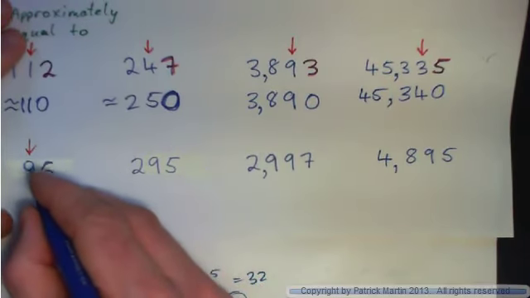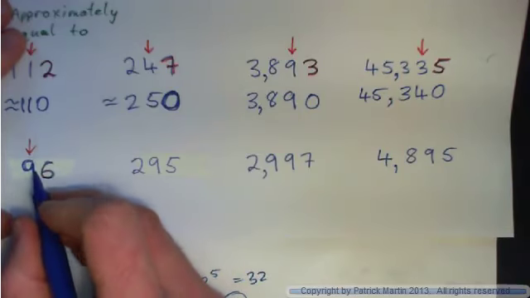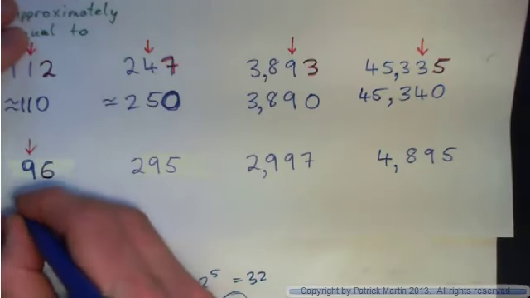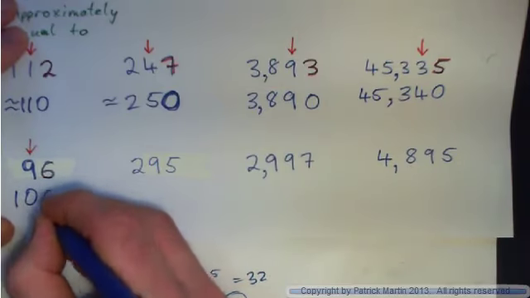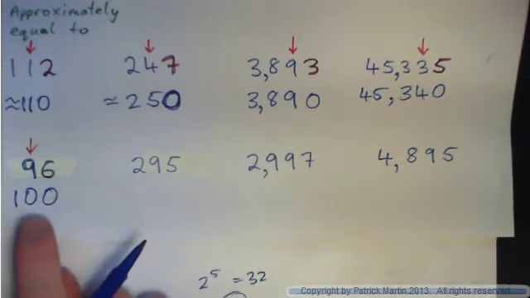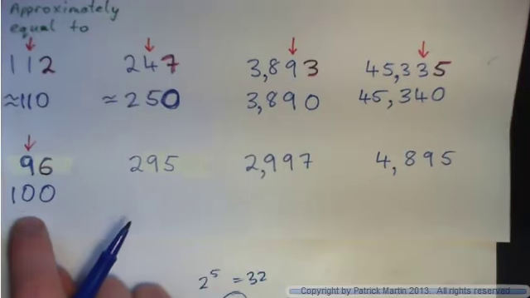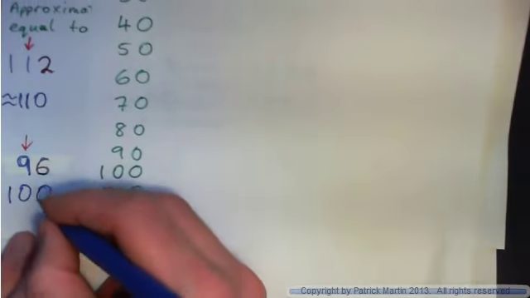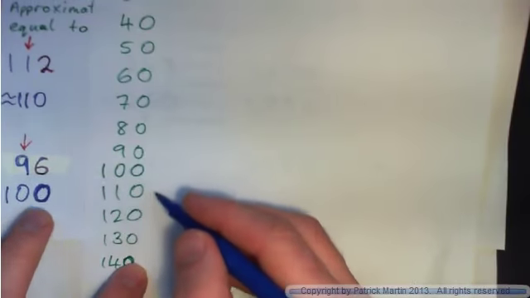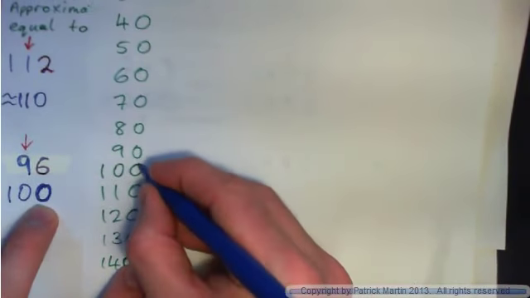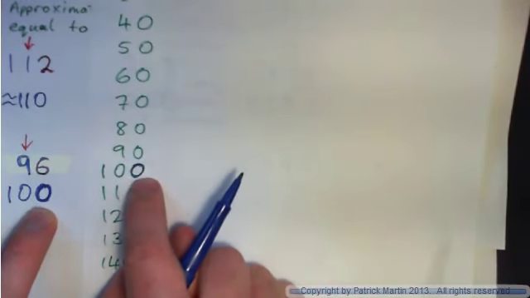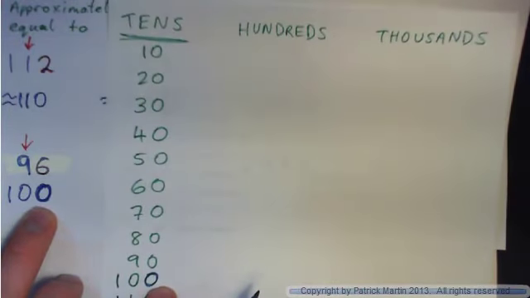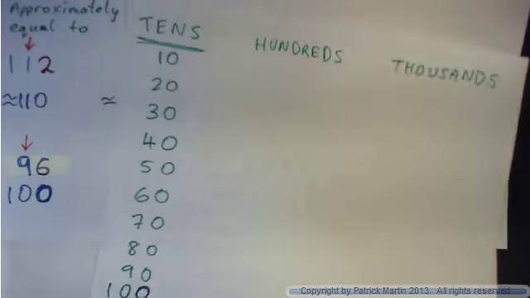So we round up, and what's the next number after 9? 6, 7, 8, 9, 10, right? So the 9 becomes a 10, and it's rounded up, and so we're left with 100, right? And 100 is a tens number because it has a 0 in the unit spot. Any number that has a 0 in the unit spot is a multiple of 10.